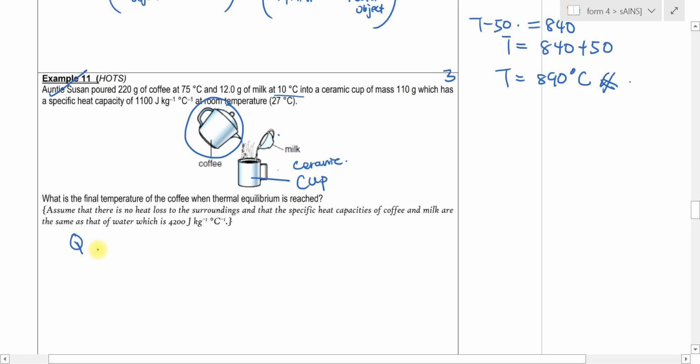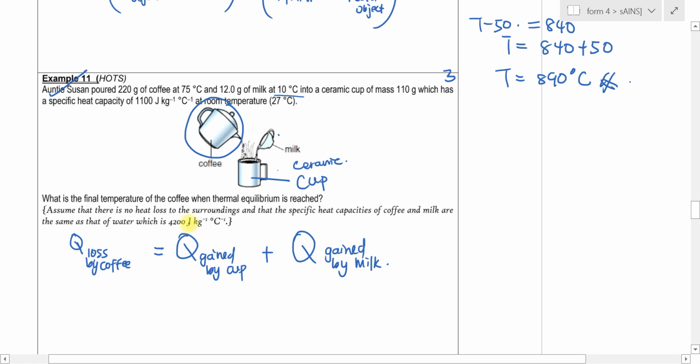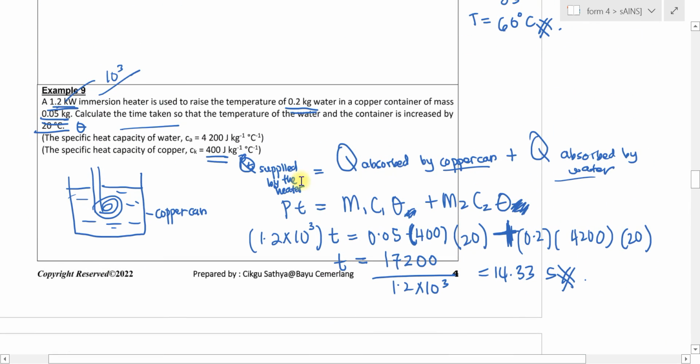The heat energy lost by the coffee is equal to the heat energy gained by the cup plus the heat energy gained by the milk. When they are combined, the theta is always the same. Remember that? Here, the theta should be the same.